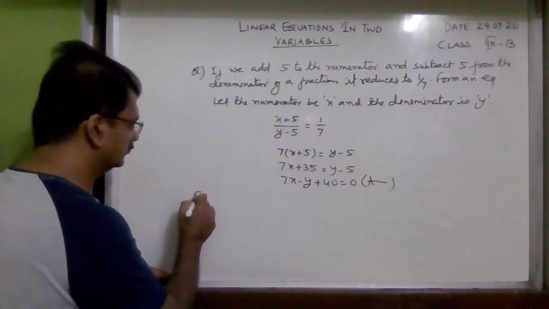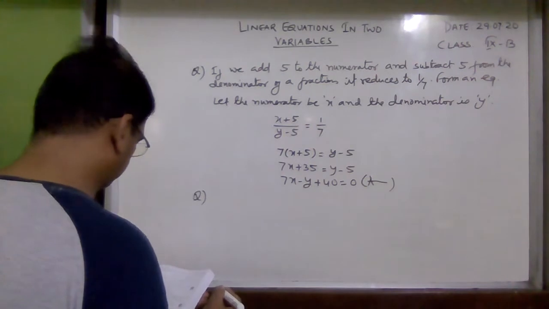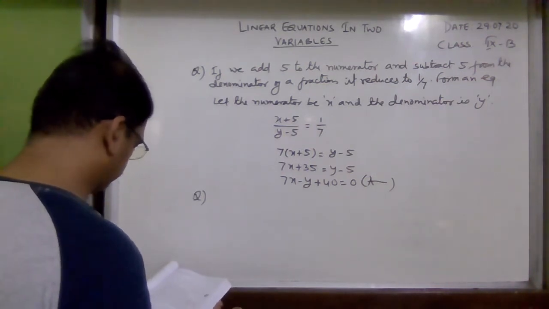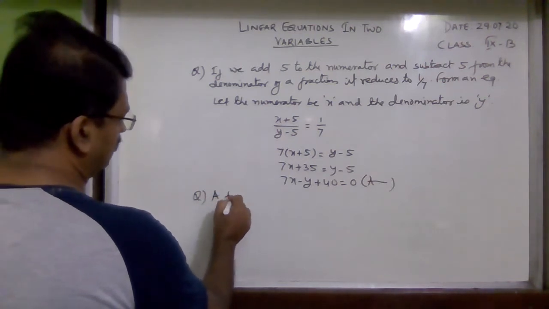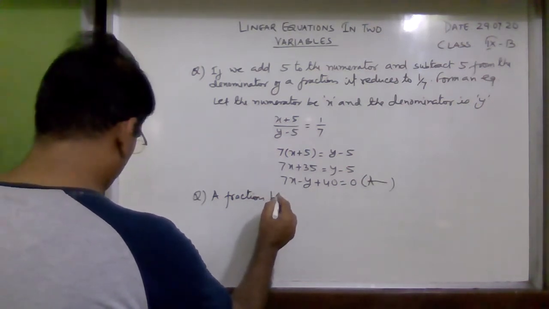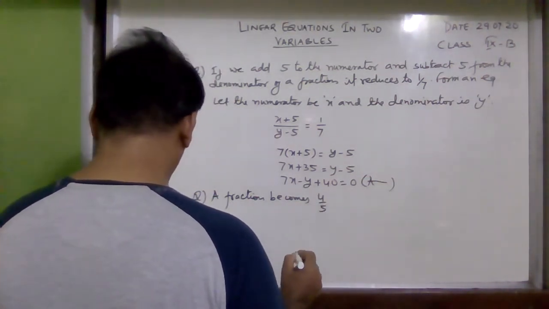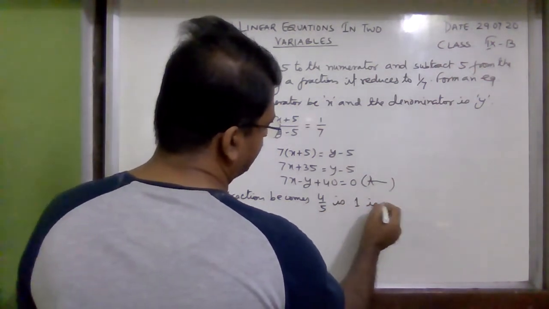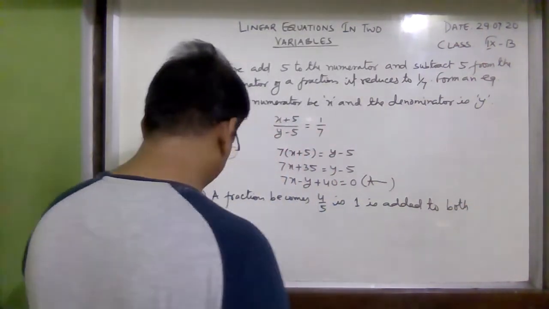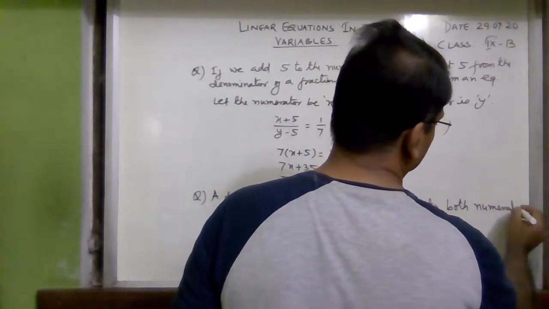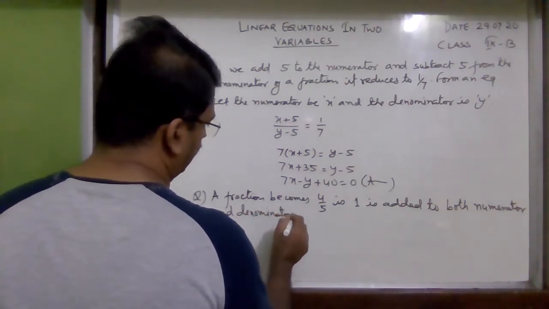Clear? Now the next question. A fraction becomes 4 upon 5 if 1 is added to both numerator and denominator.